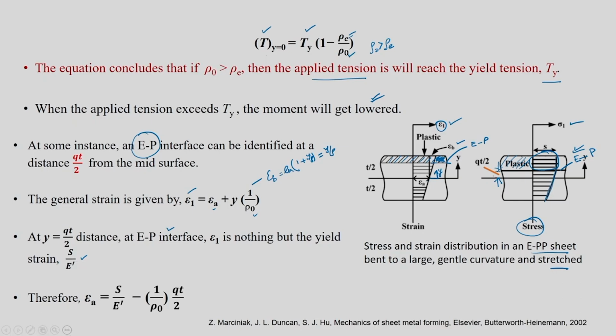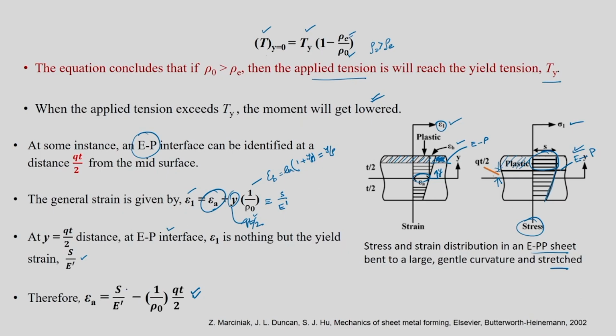Okay, so what I am going to do now is equate this epsilon 1 to S by E dash, and then I am going to get epsilon A, which is at the middle surface. So, what is the value? Epsilon A is nothing but S by E dash minus 1 by rho naught, and this y is a specific case of qt by 2, which is what I have given here. Okay. So, I am going to say that epsilon A is nothing but epsilon 1 minus y into 1 by rho naught.